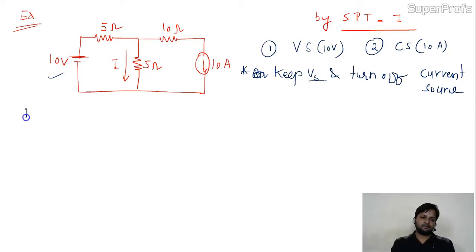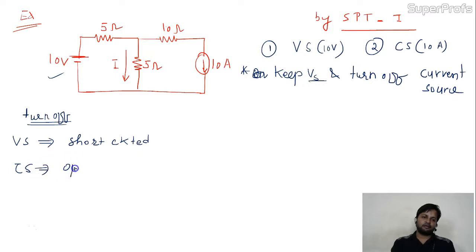Now here are the points for turning off the sources from the circuit. If you want to turn off the voltage source from the circuit, you will short circuit it. That particular branch will be short circuited. If you want to turn off current sources, you will make that branch open circuit.